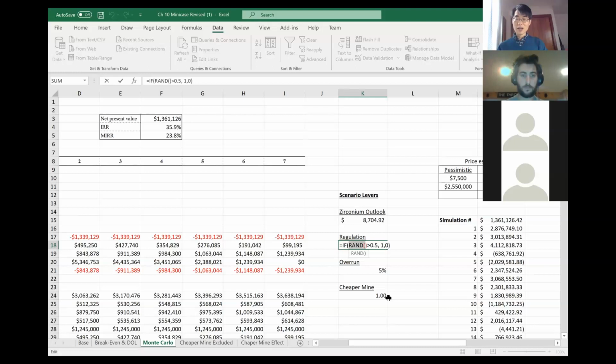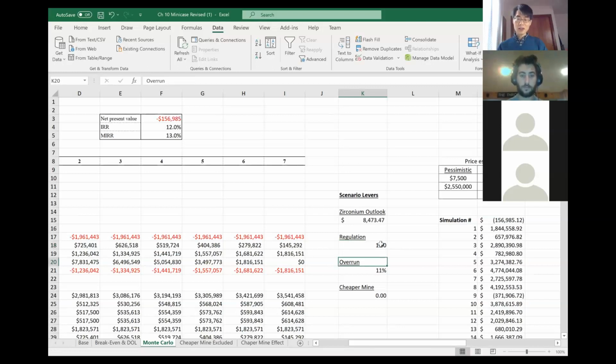If that value is larger than 0.5, then it becomes 1. If it is less than 0.5, then the value becomes 0. So when I press enter, this value will become either 0 or 1 with equal probability.